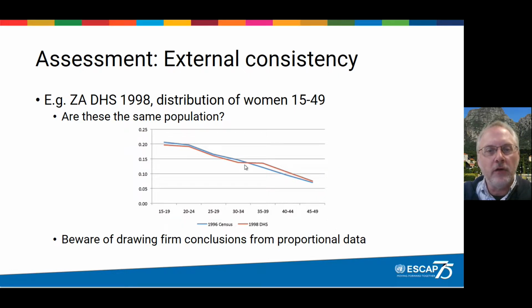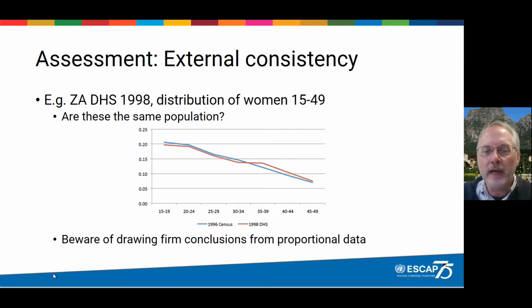What we cannot know from doing this comparison, however, is whether this is as a consequence of the DHS undersampling women up to age 34 or oversampling women age 35 and older, because the sum of those proportional distributions is in each case equal to 1, and therefore a slight deficit at one point must of necessity result in an excess at another.